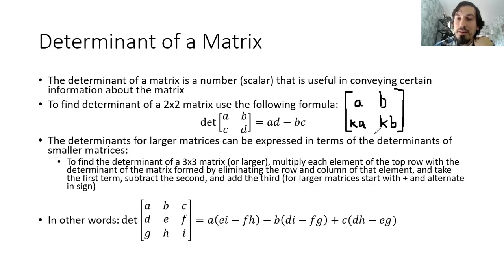So now I'm talking about a matrix where the first row is A, B, and the second row is KA, KB. What happens when you take the determinant of this matrix? You get A times KB minus KA times B. That equals 0.